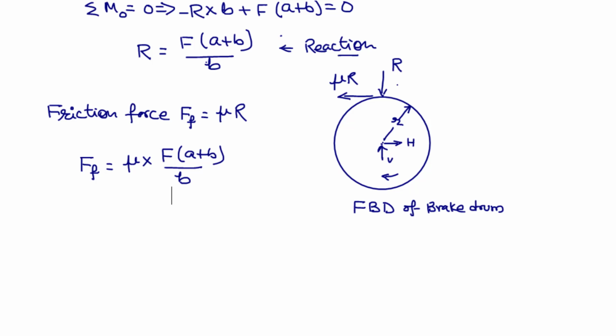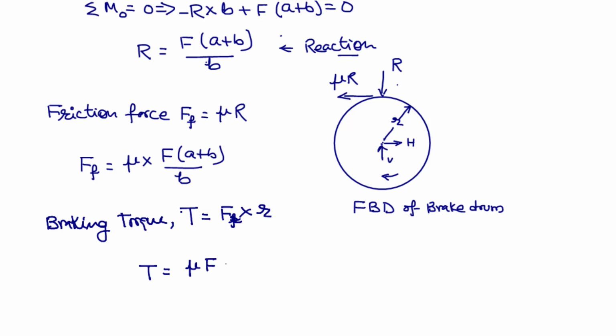Now the braking torque T is equal to frictional force multiplied by radius r, then braking torque T equals mu into F into (A plus B) upon small b into r.